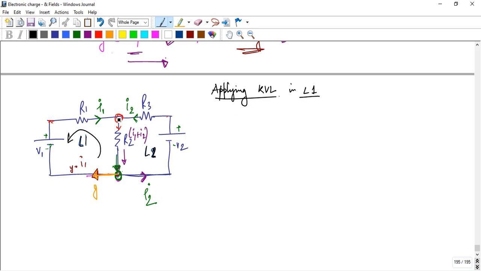So applying loop 1, starting from here: the algebraic sum of all potential drops across the closed loop becomes 0. Potential drop across R1 is I R1, but our direction is right to left, while the original current direction is left to right.